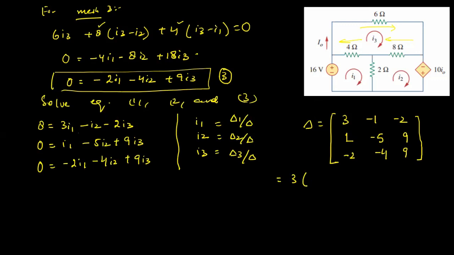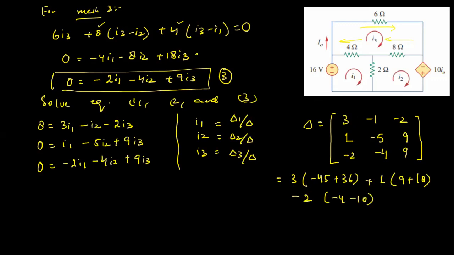It will be 3 times minus 45 plus 36. It's like if you are multiplying with 3, you multiply these two and subtract the multiplication of these two. Then the second term is minus, so it is already minus, so minus and minus will make it plus. Then 9 plus 18. The third term is positive, so minus 2 times minus 4 minus 10.